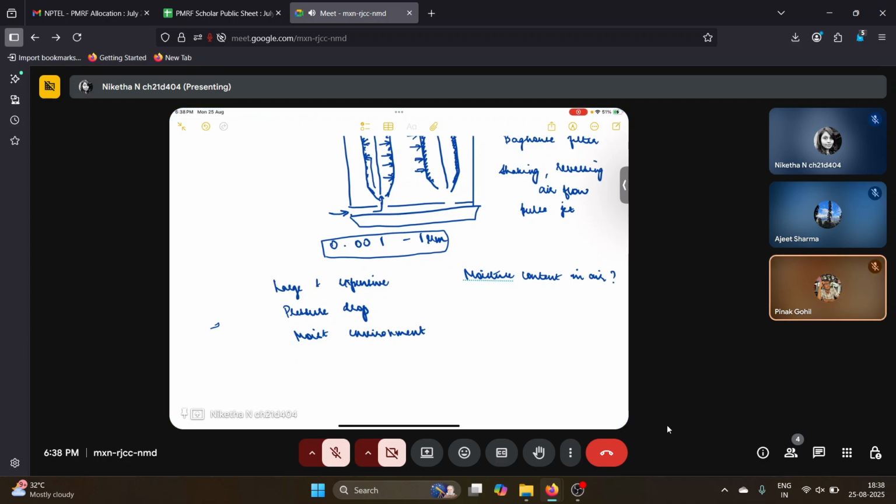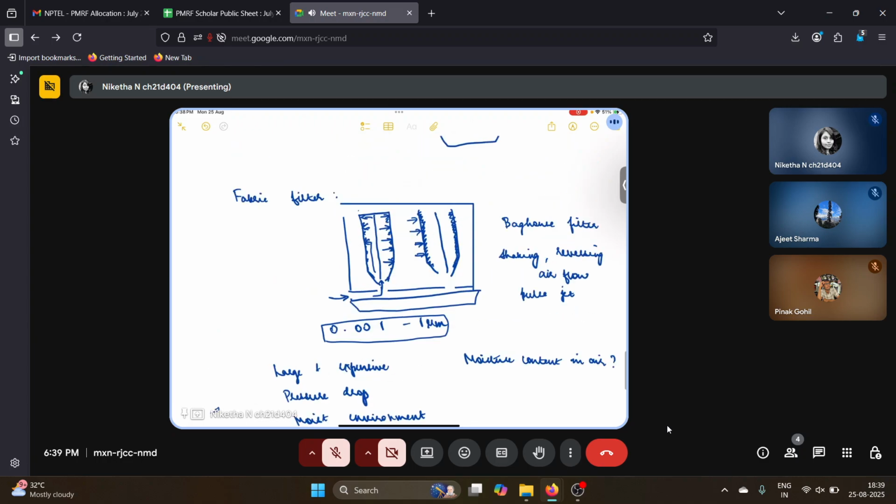Humidity, yeah, what does that indicate? It means the air is having some water particles mixed with it. Yeah, so the air could have water vapor or particles of water. So why is that a disadvantage for using a fabric filter?